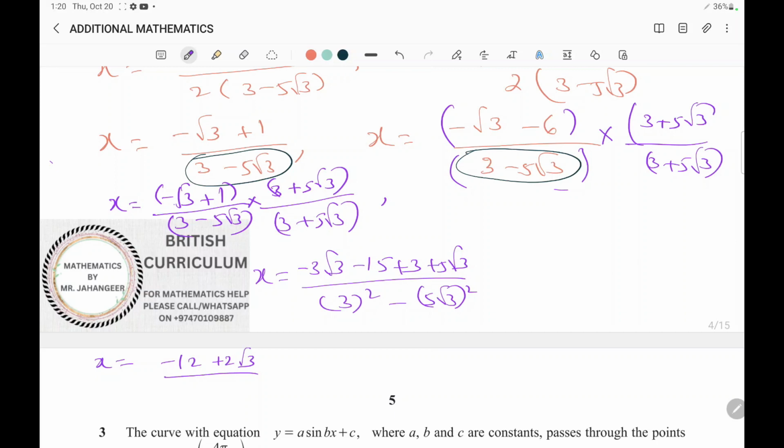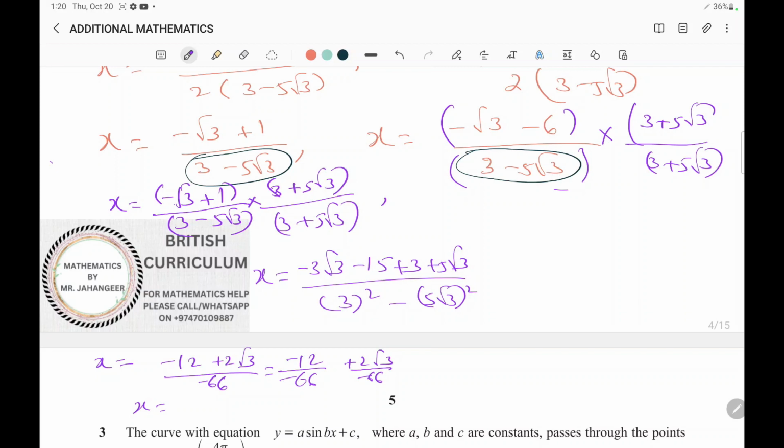Okay, so let me calculate over here. 3 square is 9 and 5 root 3 square is 75 actually. So I will get minus 66 here. Okay guys, now minus 12 over minus 66 plus 2 root 3 over minus 66. So what are we going to get right now?